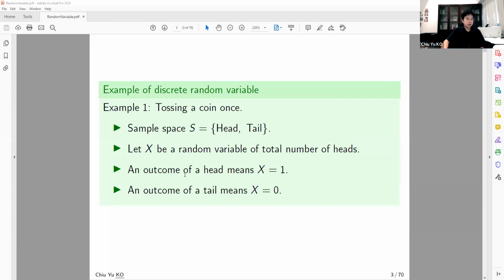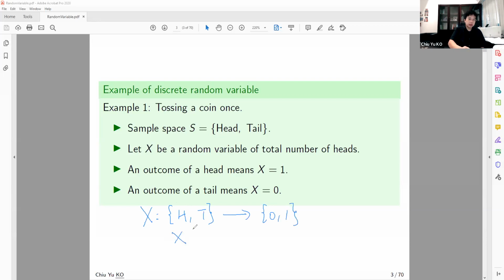If the outcome is head, then X equals 1. If it's tail, X equals 0. Technically, the random variable X maps head or tail to 0 or 1.